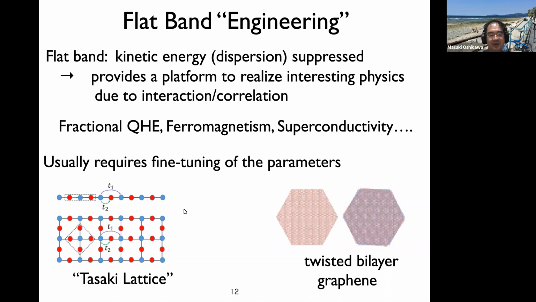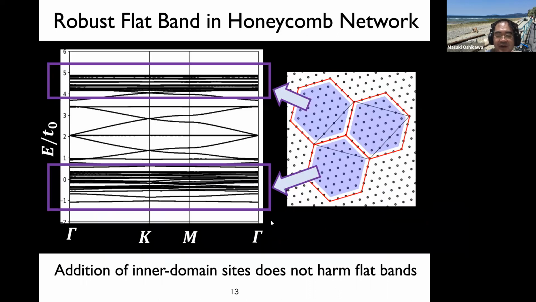That looks stable, but once you introduce longer range hopping, you break the bipartiteness of the lattice. Then the flat band in the Dieb lattice is not stable against the inclusion of longer range hoppings. But the flat band in the honeycomb network model is more robust.